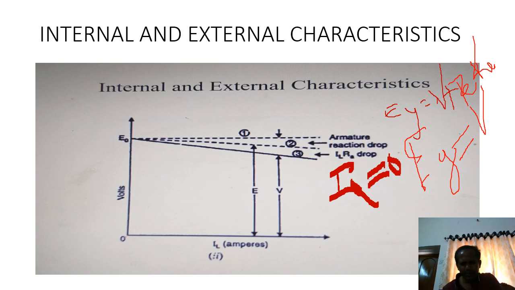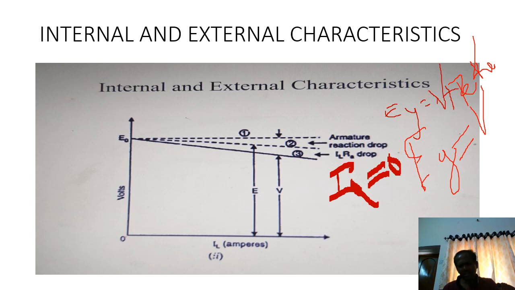After applying the load across the armature terminals, there is a change in armature current, which is equal to the load current Ia. Here you can get this curve, with a change in voltage from this dotted line. The difference between the two characteristics is caused by the armature reaction drop.